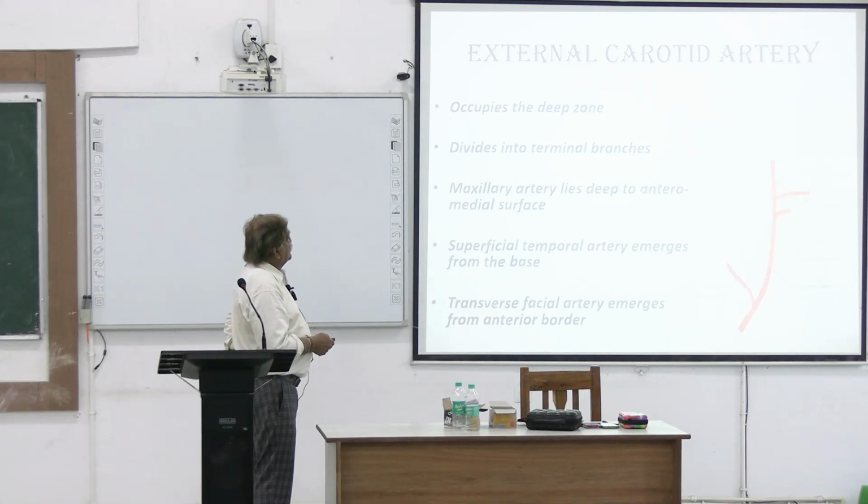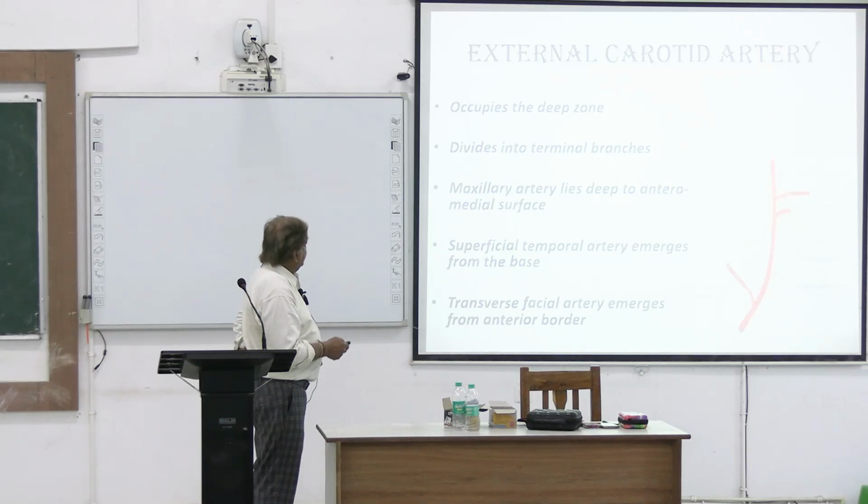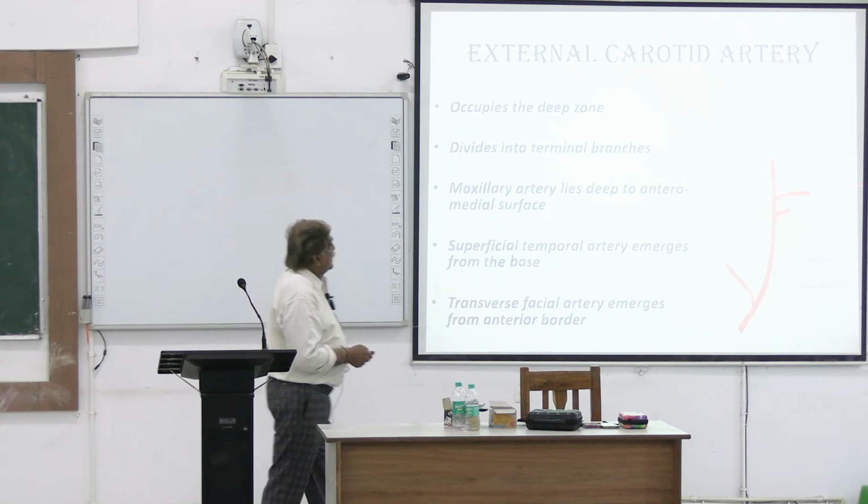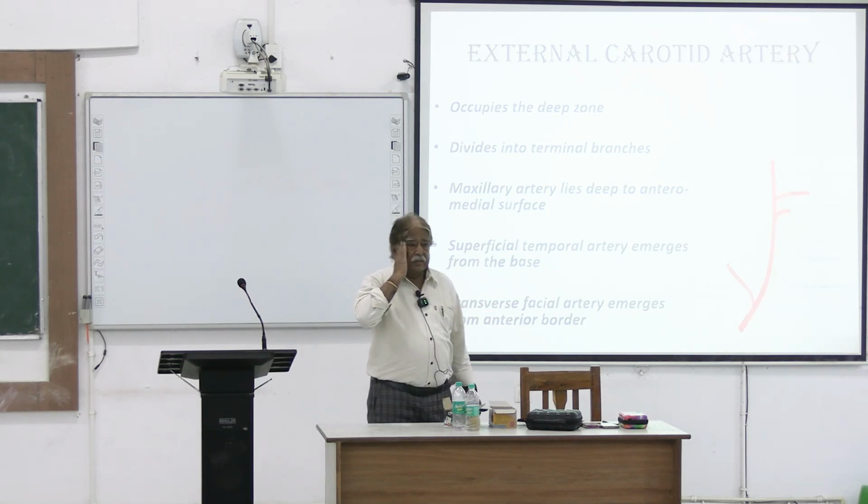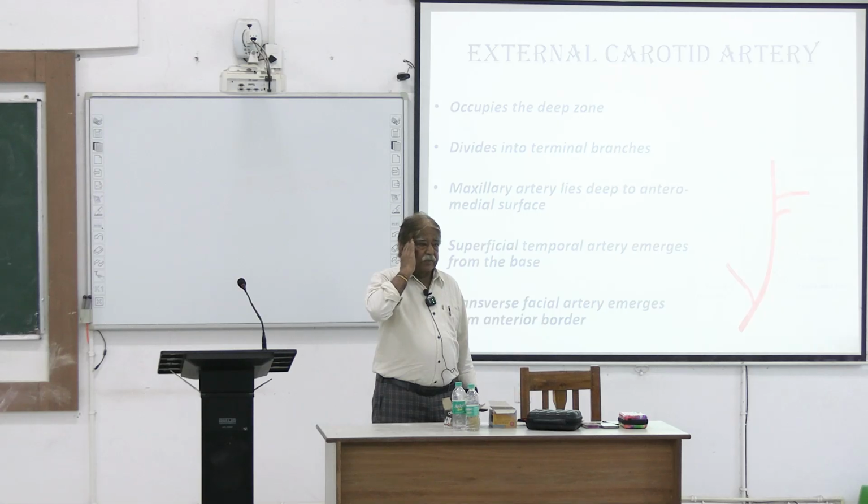Maxillary artery lies deep to the anterior medial surface. Superficial temporal artery emerges from the base, and the transverse facial artery emerges from the anterior border. Now you can feel your superficial temporal artery pulsating here.